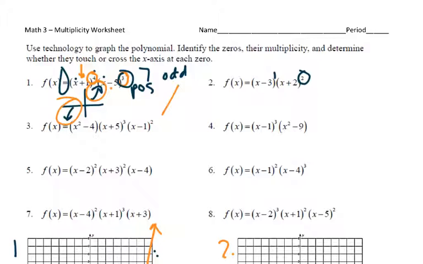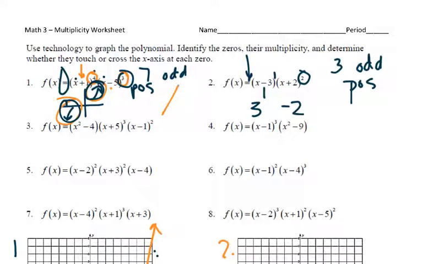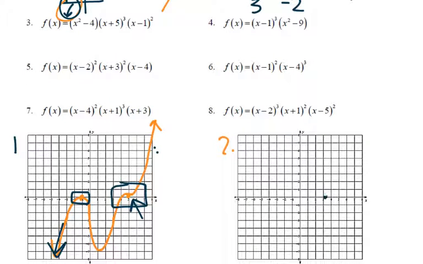So 2 and 1, so a degree of 3, which is odd. This is positive in front, so just like this, my end behavior will be. Then I have a 0 at positive 3 and a 0 at negative 2. Positive 3 draws 0, negative 2 draws 0.